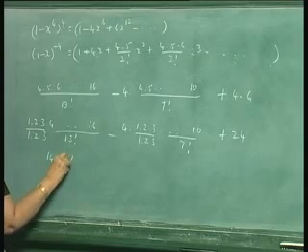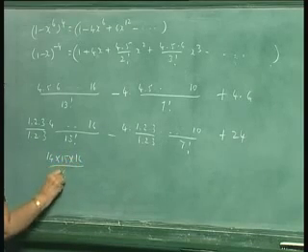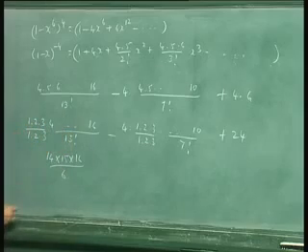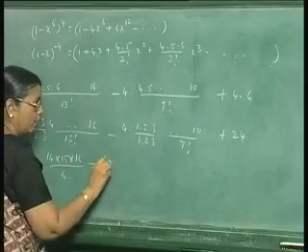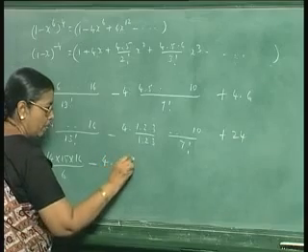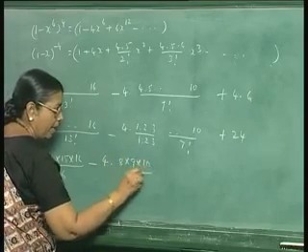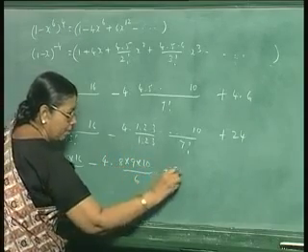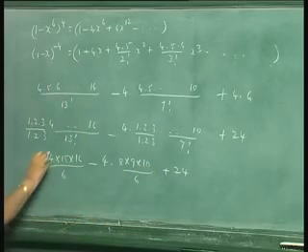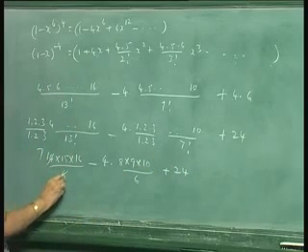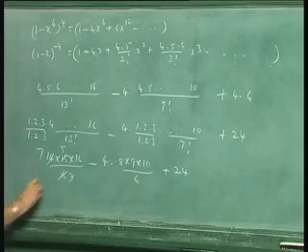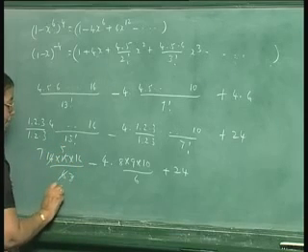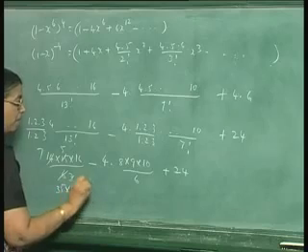Let me write it here: 16 into 5 is 80, 48, 560 minus 480 plus 24, this 80 plus 24, 104. So there are 104 ways in which you can get 17 by rolling 4 dice.